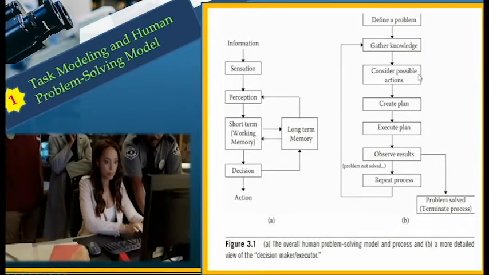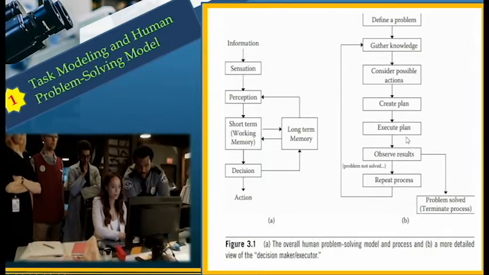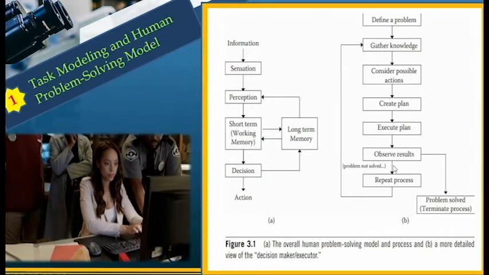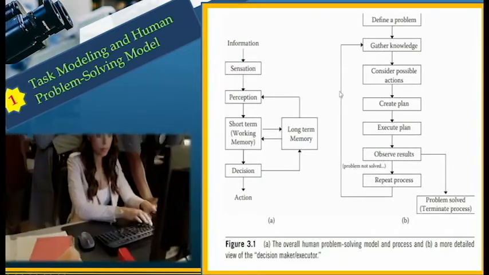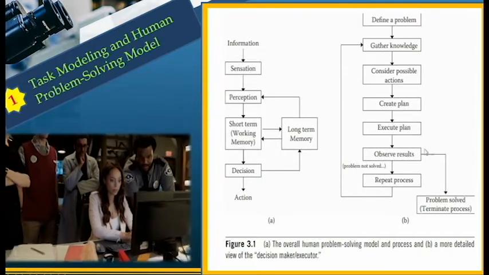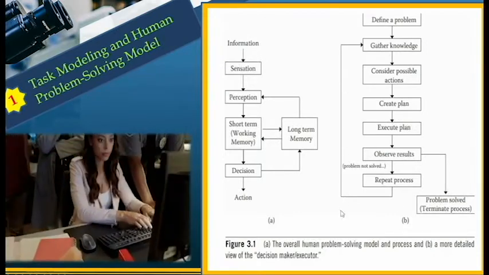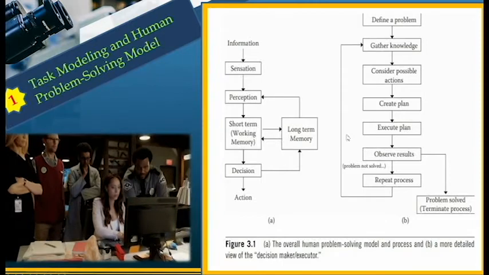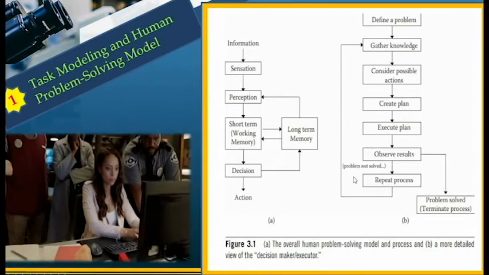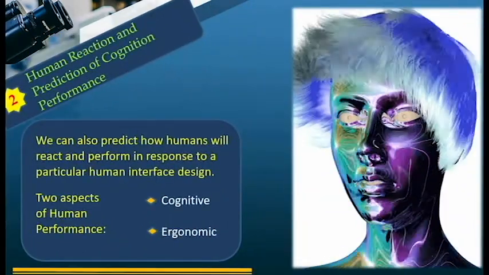After creating the plan, you execute it, then observe the result. Whatever the result is, if it fails, then you have to repeat the process. If it goes right, then the problem is solved. So this is the task modeling in the human problem solving model. This is the concept of this figure. So let's proceed with the next.